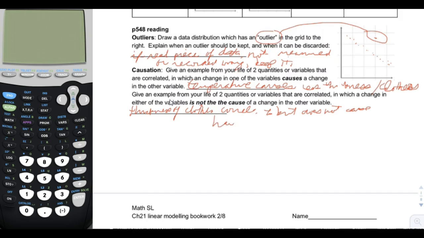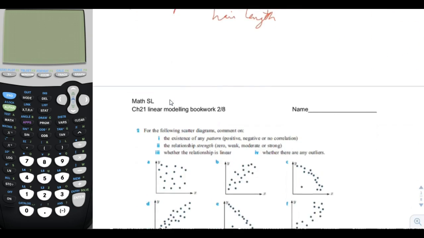So maybe there's a tendency for hair length to be shorter when clothes are thinner because both happen when the temperature is hot. So they're both caused by the temperature being hot. They're not causing each other, although they both happen at the same time. Okay, it's just a coincidence that both happen when the temperature is hot. One does not cause the other. Okay, so that's trying to explain the concept of causation, which is different than correlation. Okay.